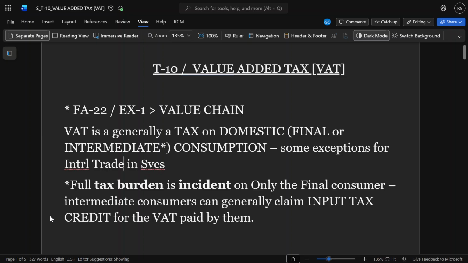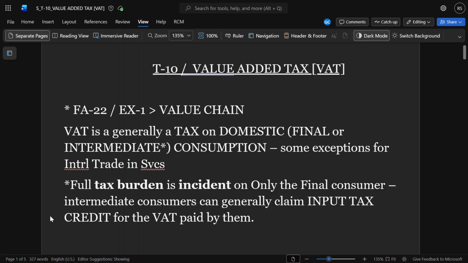The incidence of tax is different from who is administratively paying the tax. So when you go to the Apple store, let's say there's a 5% sales tax on iPhones. If you buy an iPhone, you pay 5% extra on top of the sticker price. If the price is 100, you pay 105.